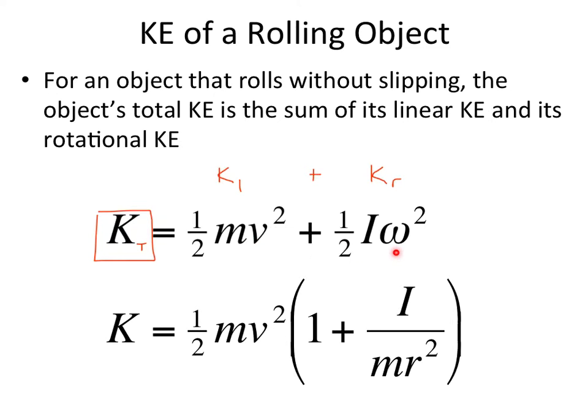1/2 I omega squared. Now, a way to turn this around and restate it is if we were to take this 1/2 mv squared and factor it out. Now, you know that the angular velocity right here is really v over r, so squared, it comes out to v squared over r squared.